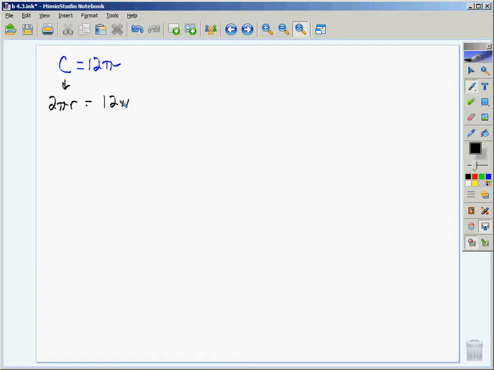And the whole reason for doing this is I want to find the value of r. In other words, I want to solve this for r. R is being multiplied by 2 pi. I divide both sides by 2 pi. That's going to make this cancel out, leaving me just the radius. The pi's are going to cancel out. 12 divided by 2 is 6.